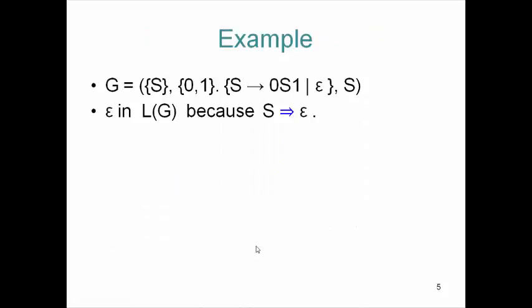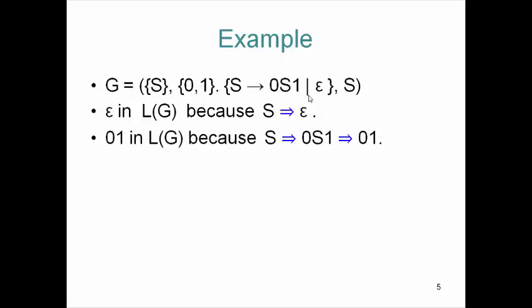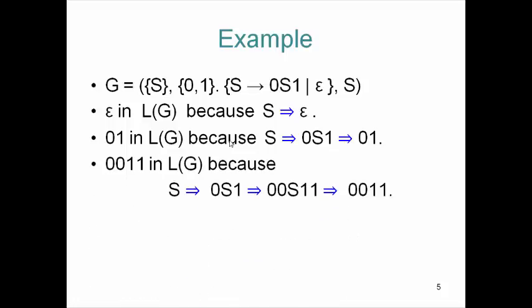Consider one example for context-free grammar. G is defined with non-terminal symbol S, terminal symbols 0, 1 and a set of rules or productions. Null is a member of the given language because null is derived from S. 0, 1 is also a member of the given language.